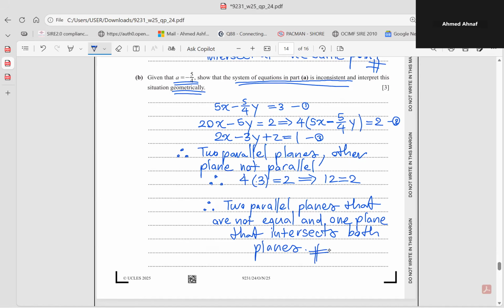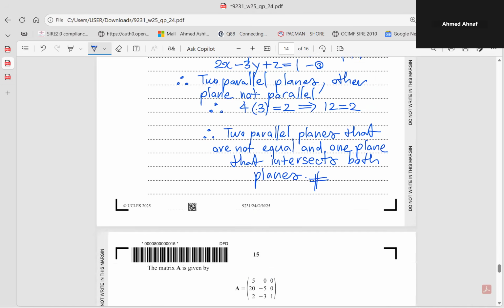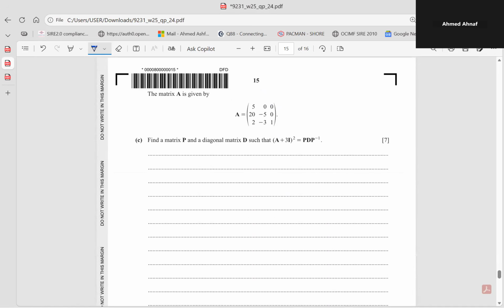So this will be the final answer for this part B. Let's move on to the last part.